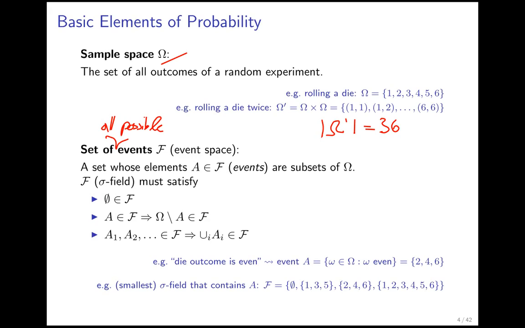Now, you might ask the question, if I can take the power set, why don't I just do it? Why do we make it so complicated and take these small sigma fields? Well, the problem is we would have to go down deep into measure theory to actually see why we need to do this.